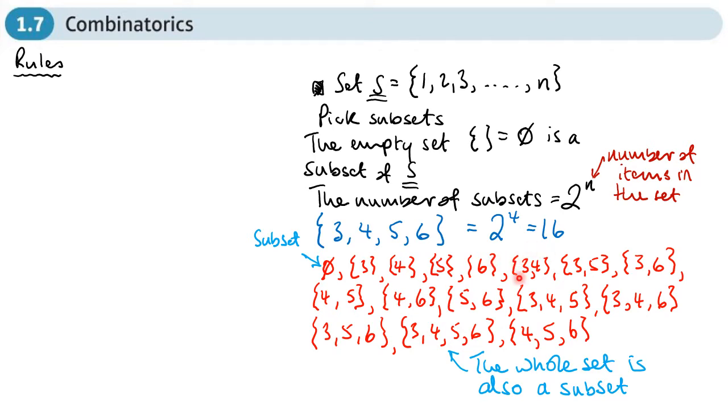So for example, if I look at this subset here, 3, 4, in permutations, I would actually accept 4, 3, because that's a different order.